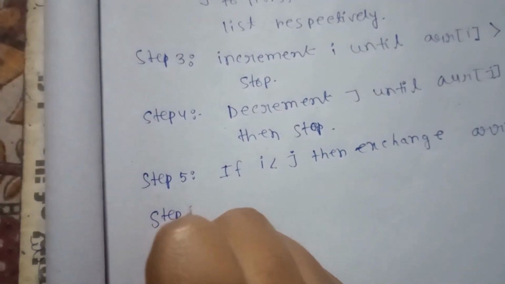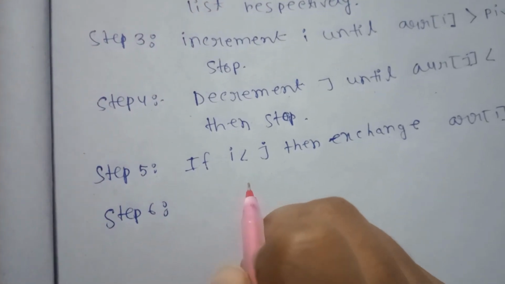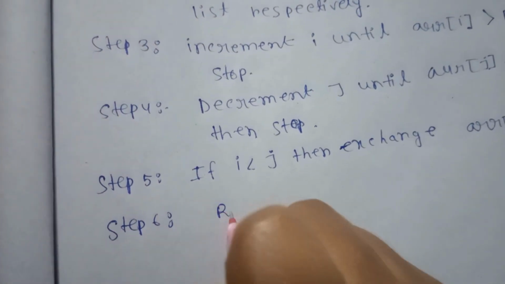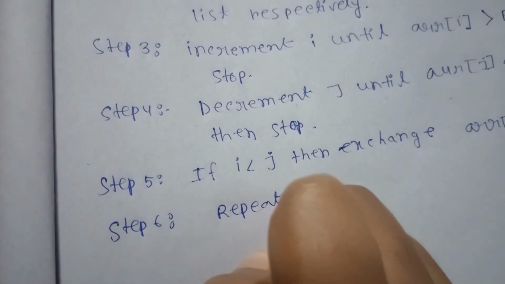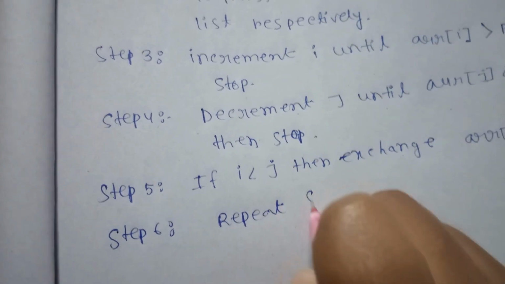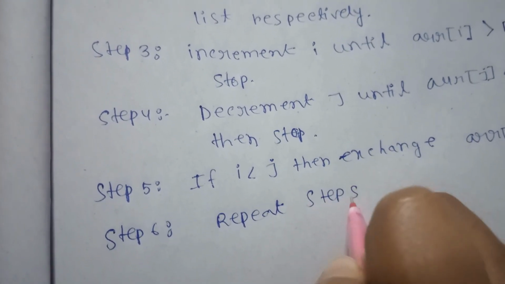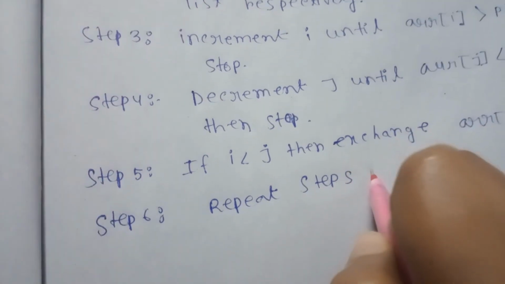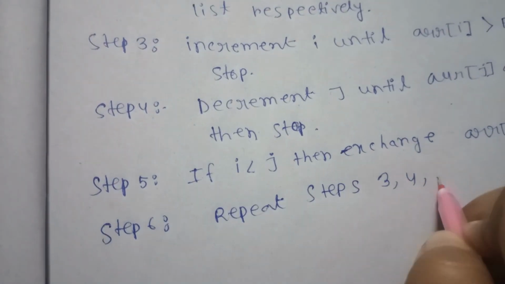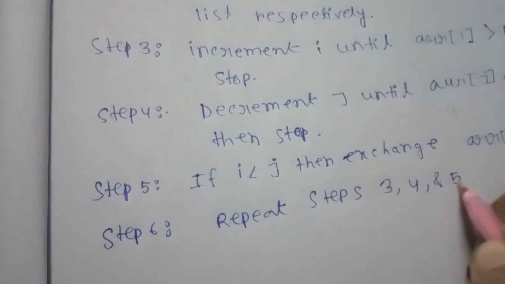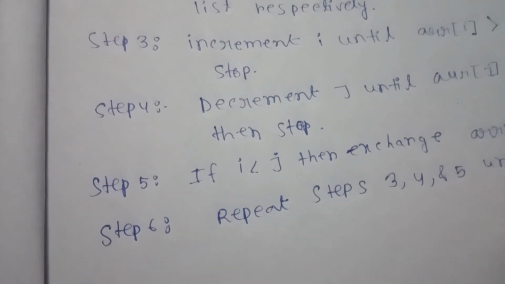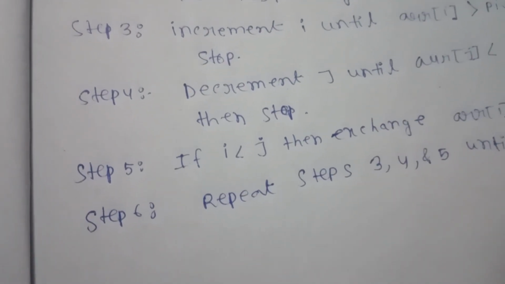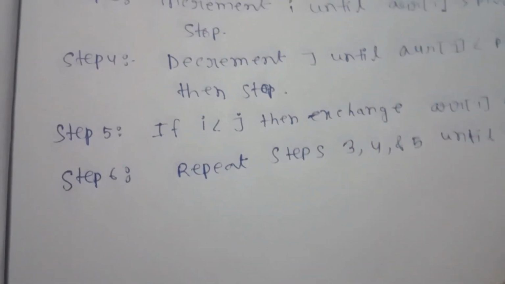Step 6. Repeat steps 3, 4 and 5 until i is greater than j.